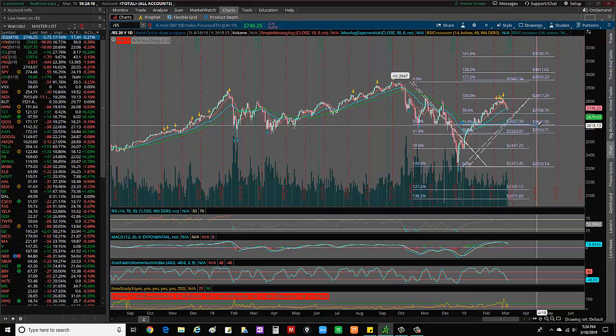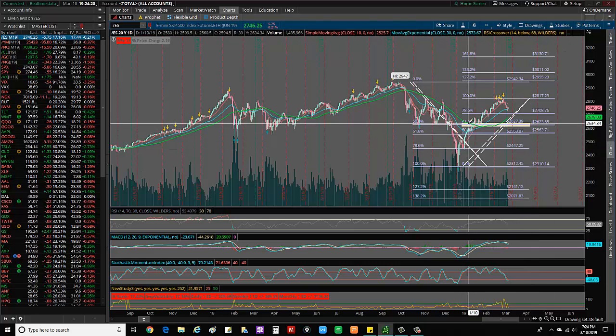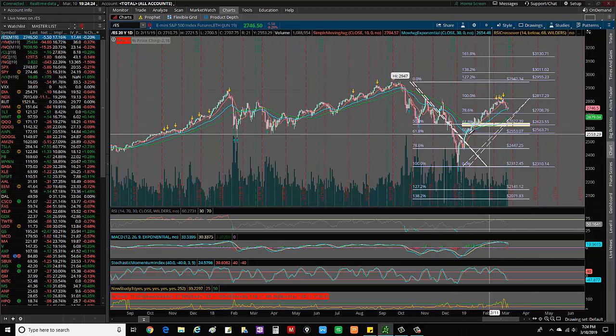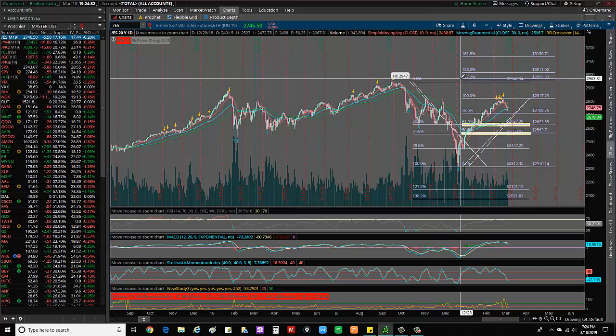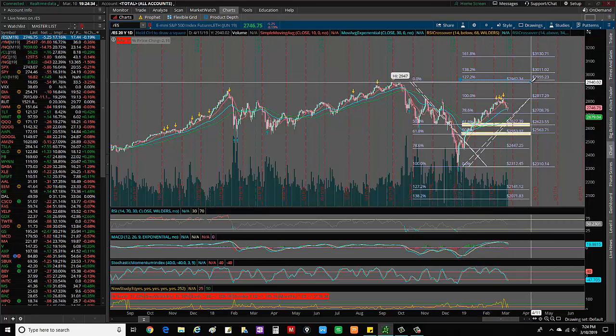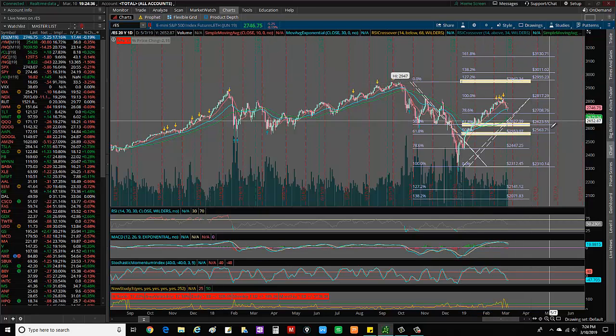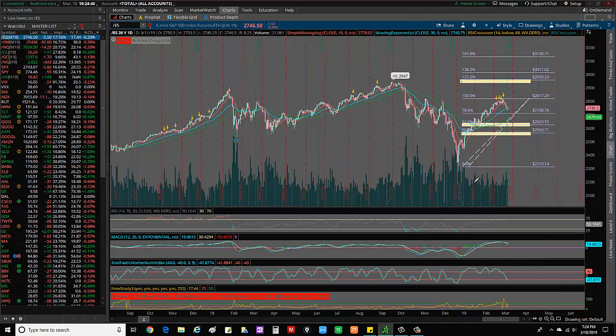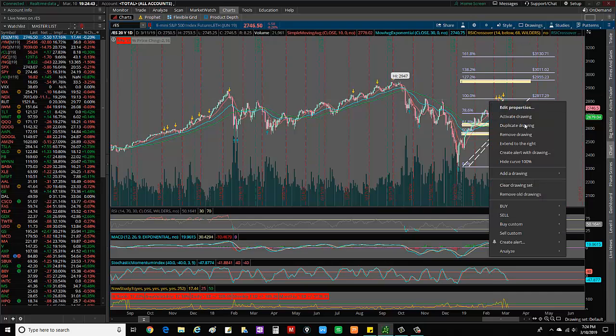You've got the 61% line on the uptrend and the 50% line on the downtrend, kind of converging there. This is also an interesting level. And then up here at the top, this is an interesting level. So we'll highlight those, and we'll delete the rest of these fib extensions because they kind of clutter up the screen.